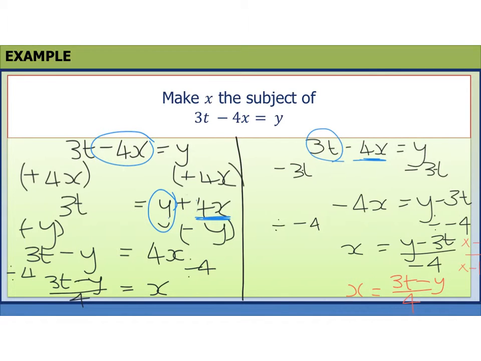And if you now compare that, we have the same answer as we had before. So this is the method that we had for solving equations with the negative in, but because you've got the negative on the bottom of the fraction, it is a little bit more awkward and complicated. So the method on the left avoids this process of having to times top and bottom by negative 1.